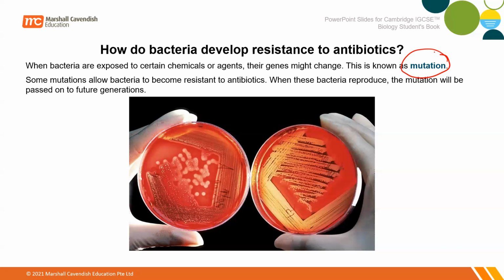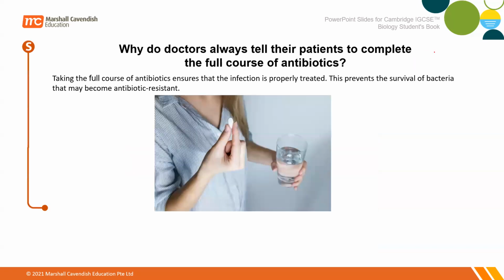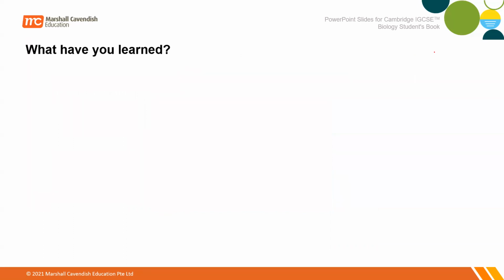So when these bacteria reproduce, the mutation كمان will pass to the second generation. ازاي احاول احافظ على نفسي انه ما يحصلش الانتيبيوتيك resistance? How this happen? We should take a full course of antibiotic, and this will prevent the survival of bacteria.